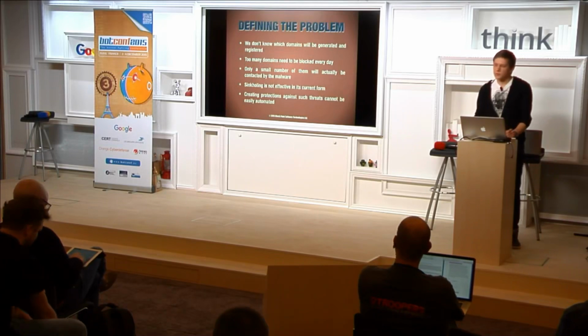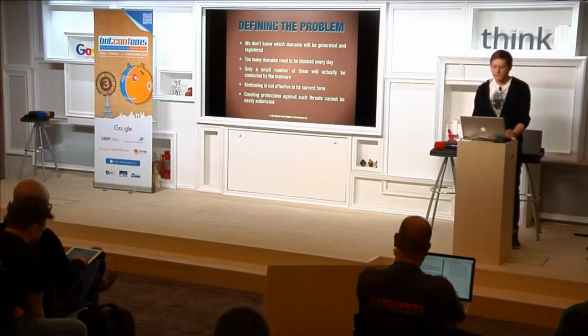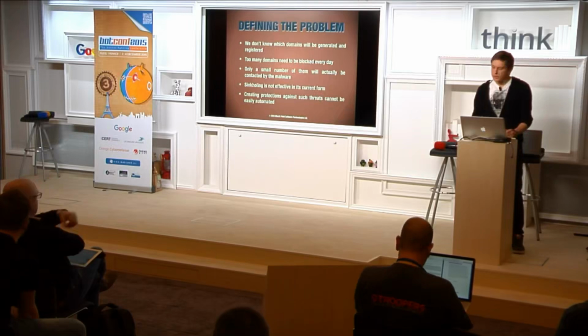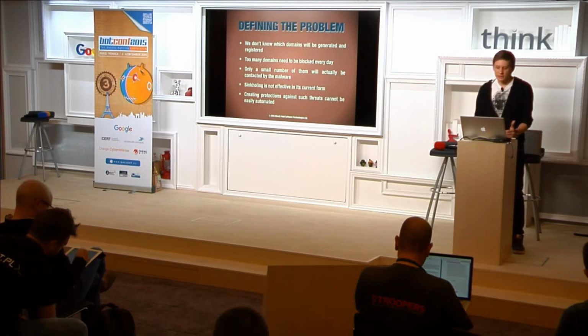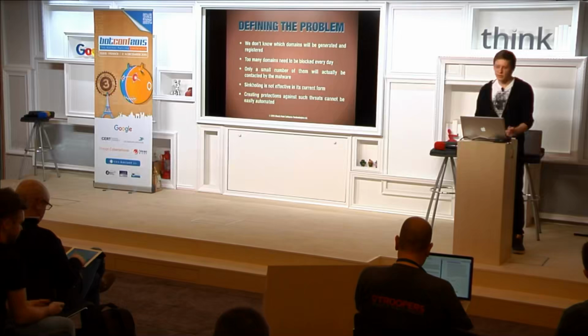So let's define the problems while fighting DGA malware. We don't know which domains will be pre-registered by the attacker, and there are too many domains that will be registered every day, and only a small number of them will actually be contacted by the malware. Therefore, it's not feasible to pre-register and block them all, making sinkholing not effective in its current form.